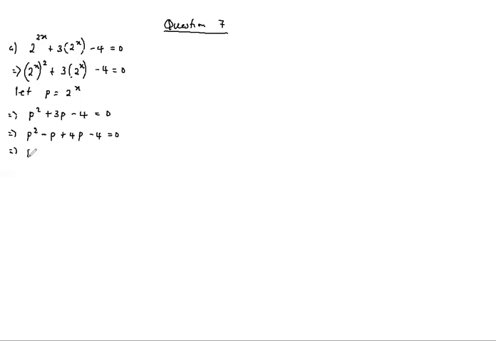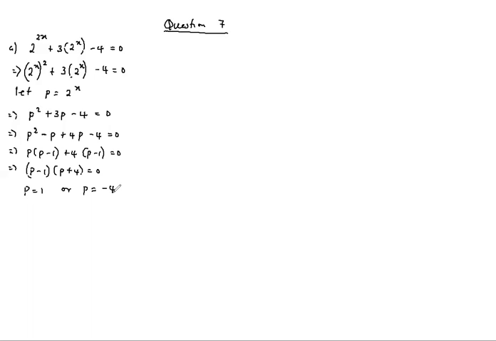And so I'll have p minus 1 plus 4 (p minus 1) is 0, which becomes (p minus 1)(p plus 4) is equal to 0. So p is 1 or p is -4.